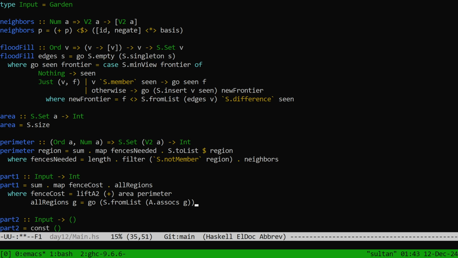Because the assocs will be a pair, each assoc will be a pair of coordinate and the character that's there.